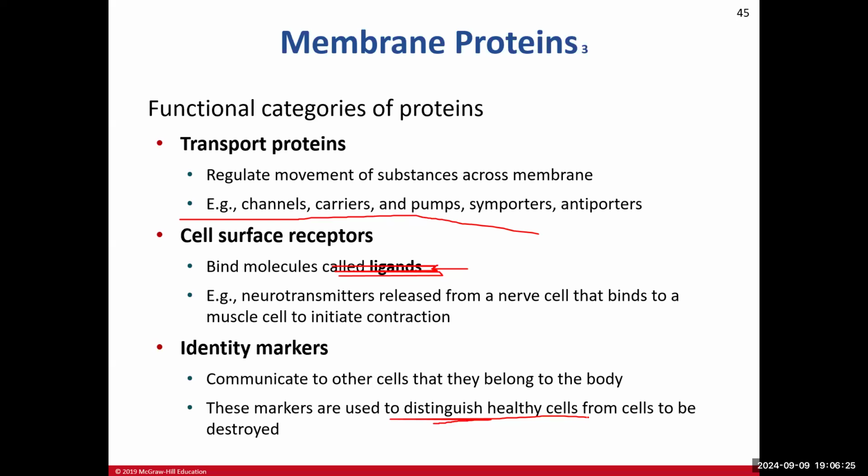So these identity markers essentially allow the white blood cell to identify the cell as being a good cell or a bad cell. If it's a bad cell, we'll initiate the immune response. If it's a good cell, the white blood cell moves on its way and goes to the next cell. So basically, we're just trying to determine, hey, does that cell belong to the body? Should it stay here, or does it need to go? Do we need to kill it?